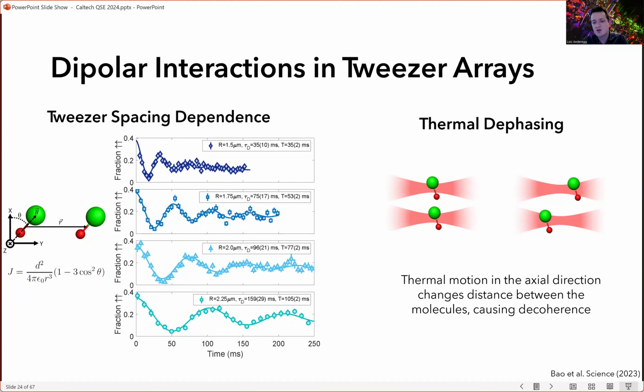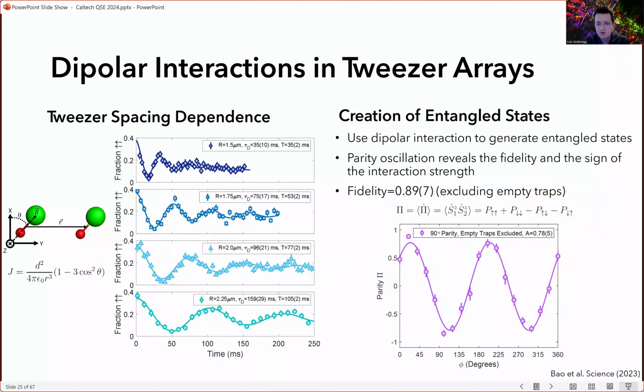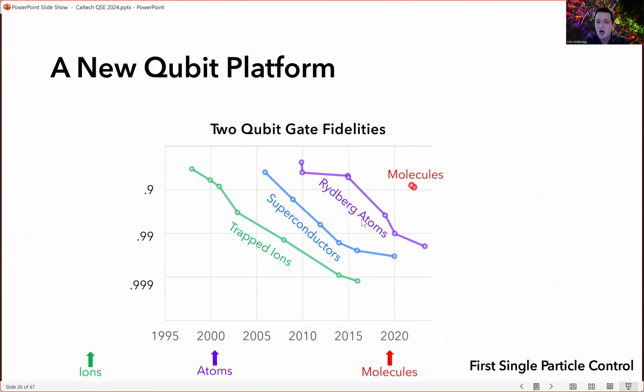Nevertheless, we can already make use of this dipolar interaction to create a set of entangled states. Here we've created, for example, a Bell state, and we achieve a Bell state fidelity of about 90%. We believe this is a quite good start to using molecules as a new qubit platform.